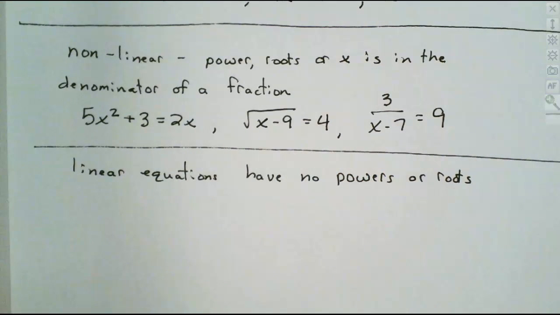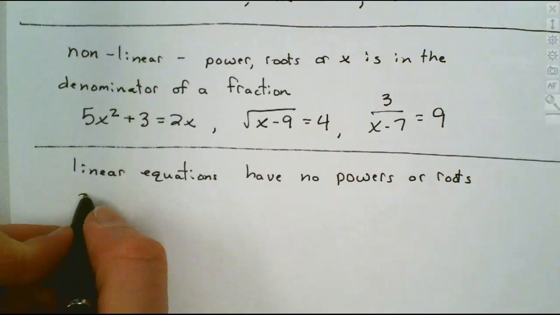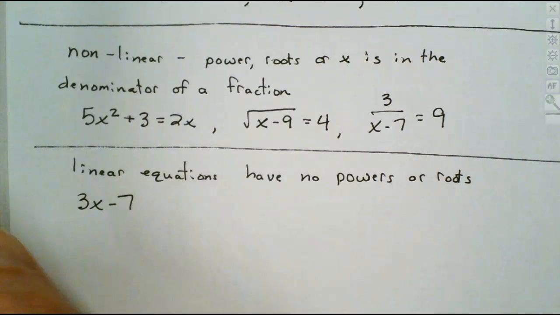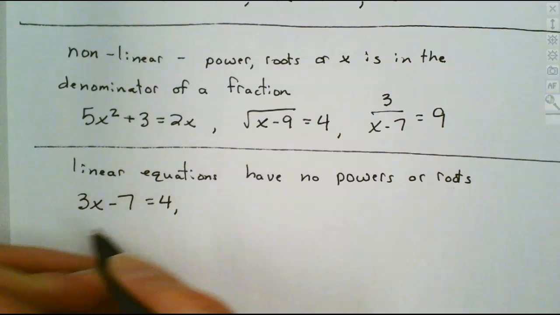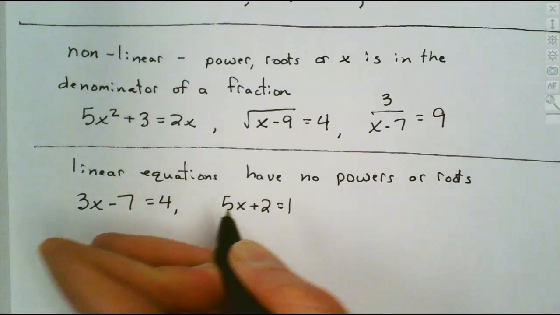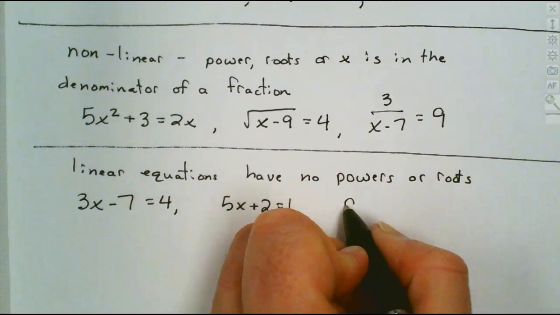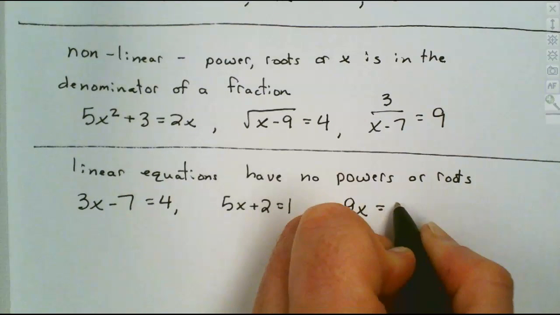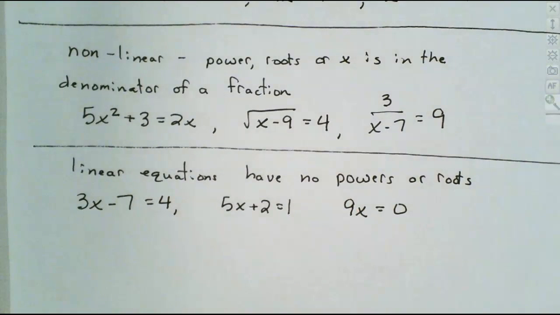And so some examples of linear equations would be things like 3x minus 7 equals 4, 5x plus 2 equals 1, and let's say 9x equals 0. Those are all linear equations, so no powers and no square roots.